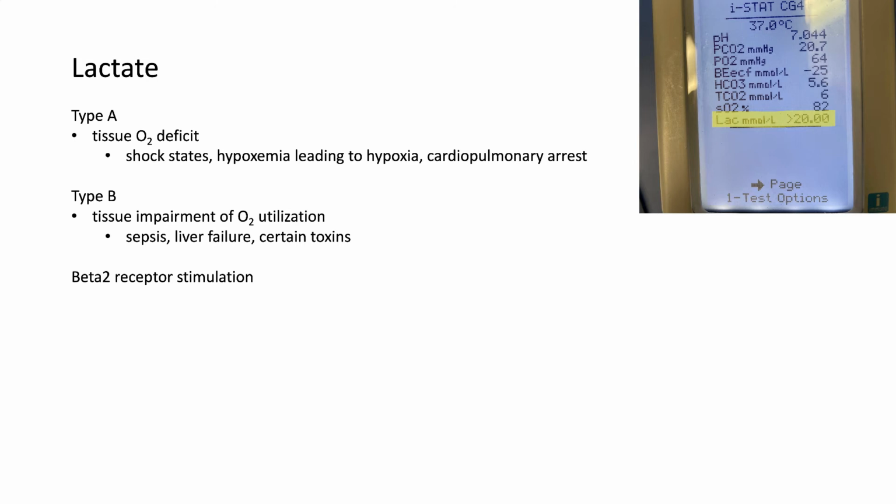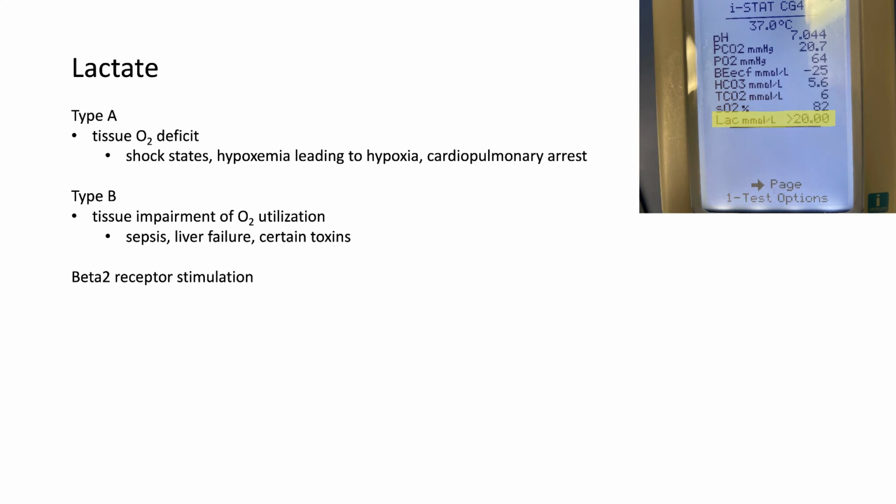When patients are stressed and they have functioning adrenal glands, they'll produce catecholamines in response to that stress state. And that in and of itself, when those catecholamines interact with the beta-2 receptors, can cause glycolysis and will result in elevation in lactate. And we can see this with exogenous catecholamines as well. And recall that this patient was on a norepinephrine infusion.